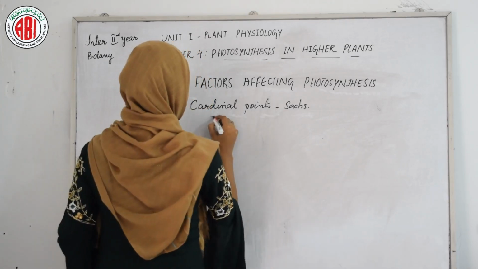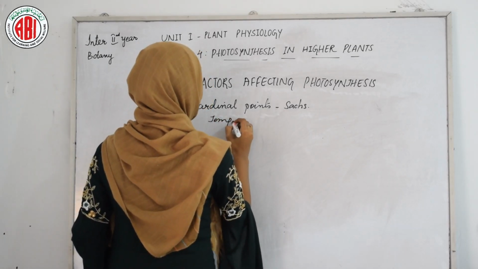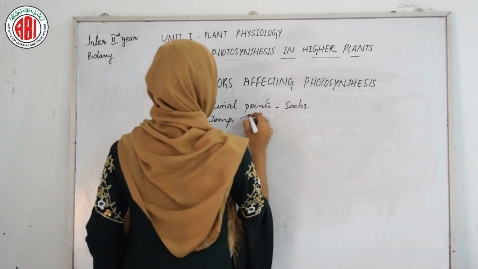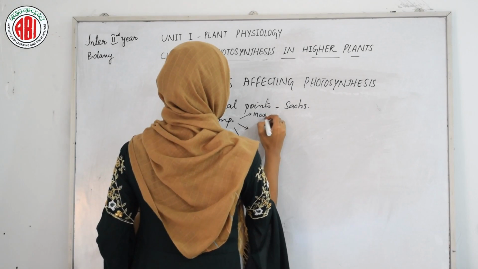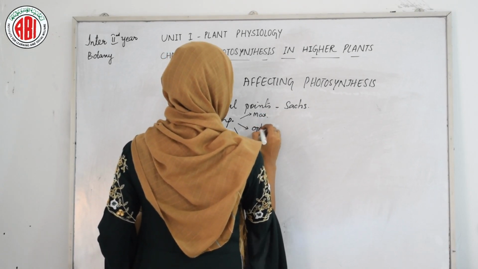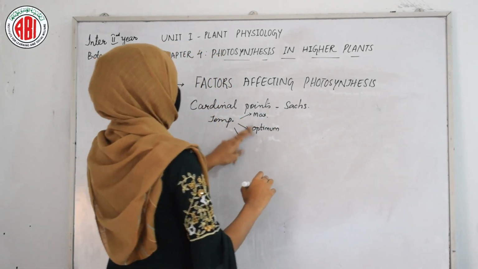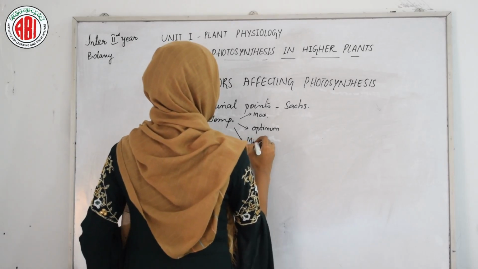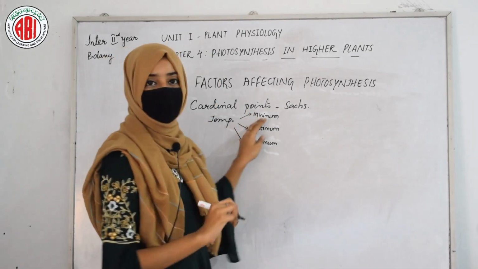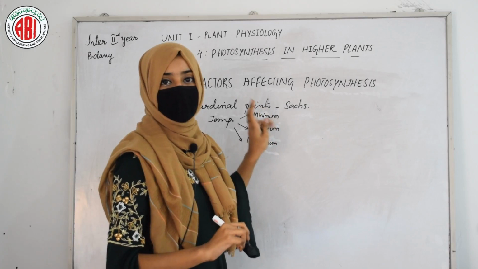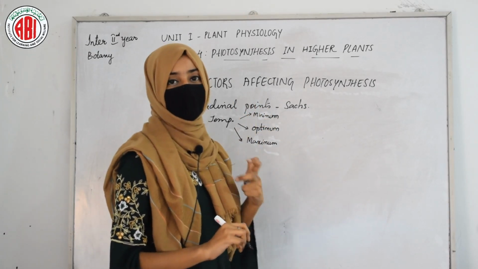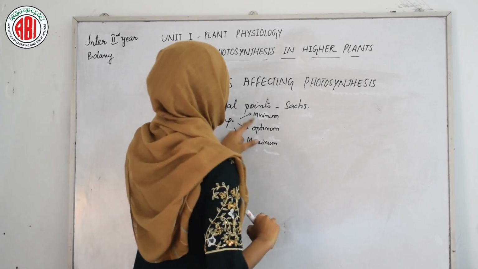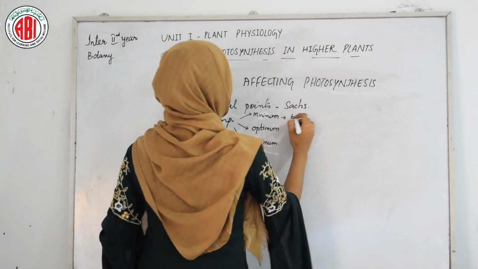For example, if temperature is a factor, then it is going to have 3 points: maximum temperature, optimum temperature, and minimum temperature. Minimum temperature means the temperature below which the rate of photosynthesis would stop.